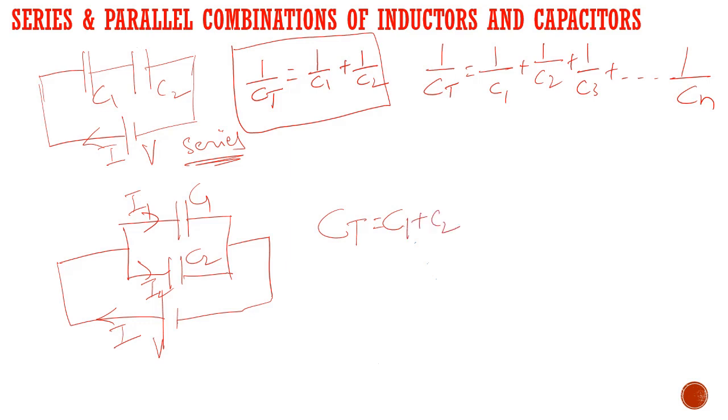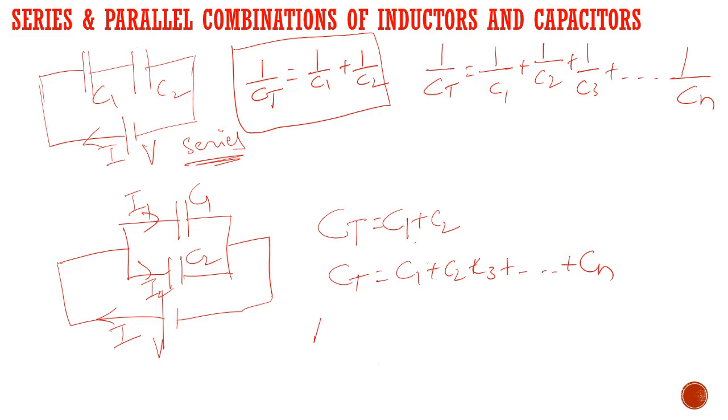In parallel connection, the total capacitance will be the addition of individual capacitances, which is quite opposite to resistor and inductor parameters. So if we have n capacitors connected in parallel, then the total capacitance will be C1 plus C2 plus C3 plus so on to Cn.